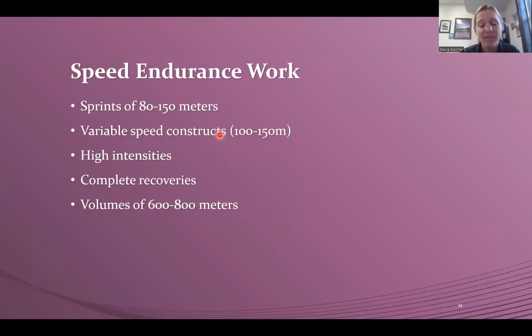So we want to keep the reps to, let's call it 25 seconds or so, in order to prevent the lactic acid system. High intensities, complete recovery, and there's your volume, so you can split it however you want. We could do 6 by 100s, or 8 by 100s or whatever.